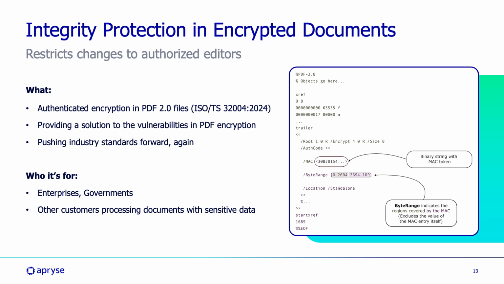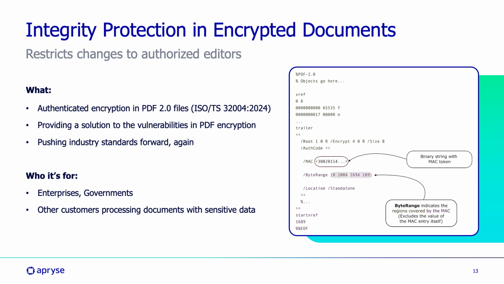Okay, so going back to this, what it does is provide integrity protection for encrypted PDF documents. So what does that mean? Well, basically it addresses a critical gap where traditional encryption ensured confidentiality, but not document integrity.